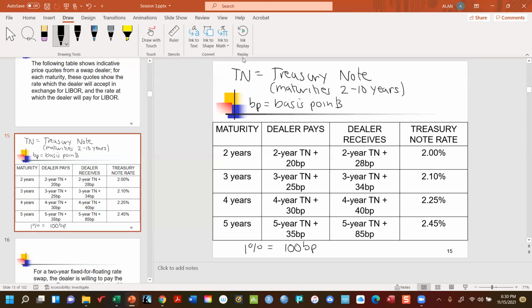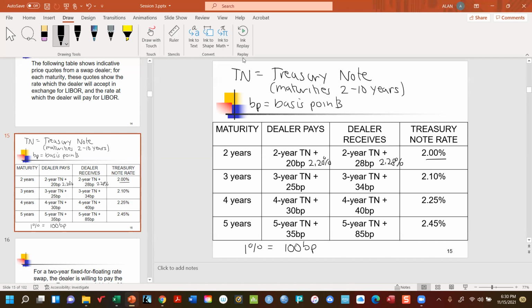So here the dealer says, if you want to enter into a swap with us, you'll give us the 2-year Treasury note yield plus 28 basis points, which in this example means 2.28%. But they'll pay you 2.20%.